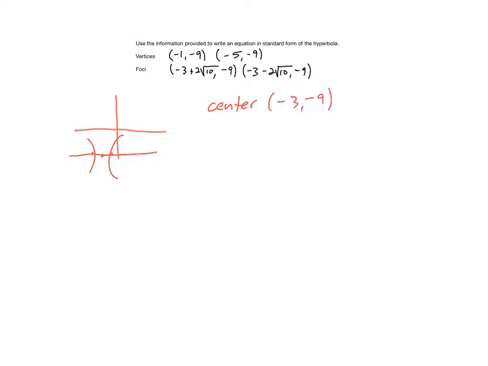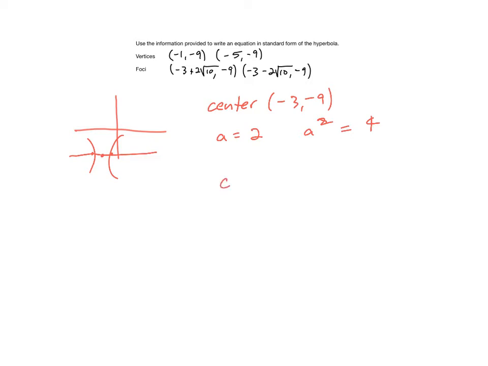We know that a is the distance from the center to the vertices. From -3 to -5, that's 2, and from -3 to -1, that's also 2. So a is 2, a squared equals 4.